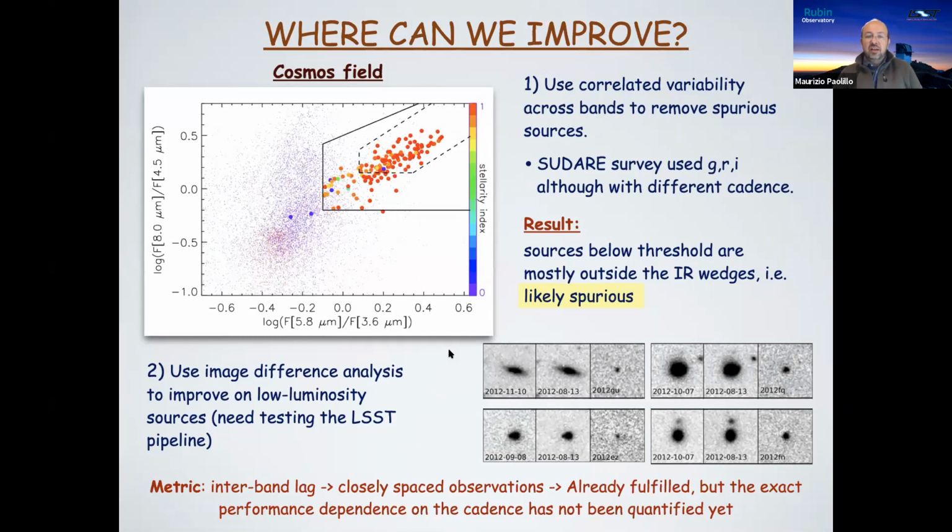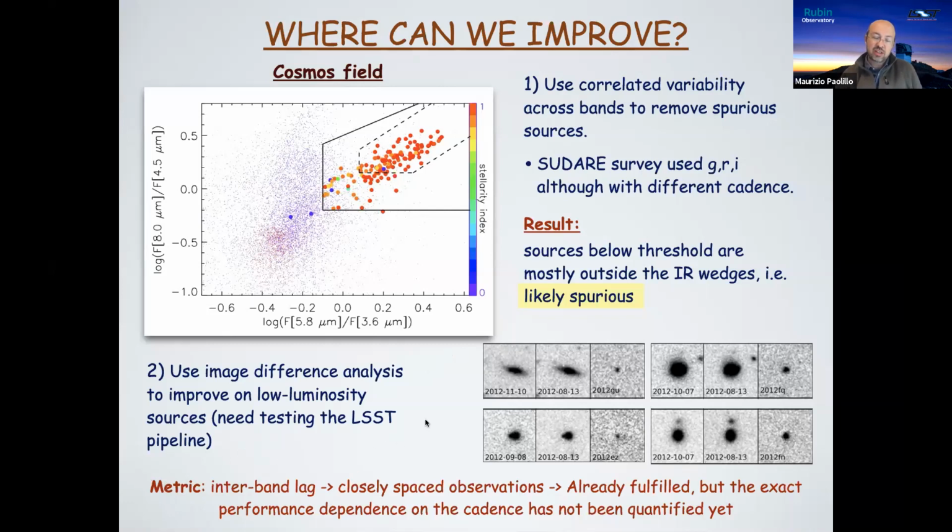And of course, the other step to do is to use image difference analysis. We're looking into that in VST data as well, like the supernova people usually do, and which can help push down to the fainter AGN. In this sense, another metric that we may want to look at is the interband gap lag.